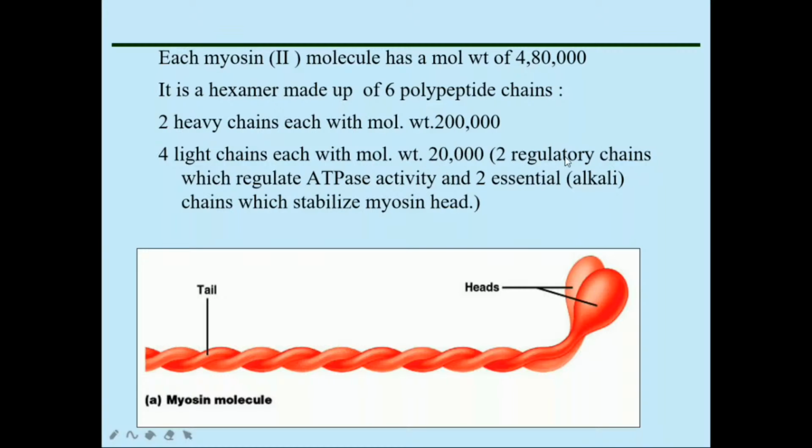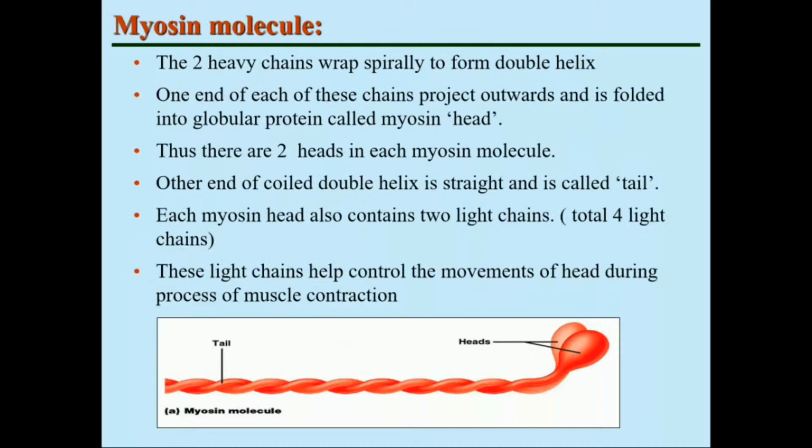Of these 4 light chains, 2 are the regulatory chains which regulate the ATPase activity of the myosin head, and 2 are essential chains or the alkali chains which stabilize the myosin head. The 2 heavy chains wrap spirally around each other to form a double helix.